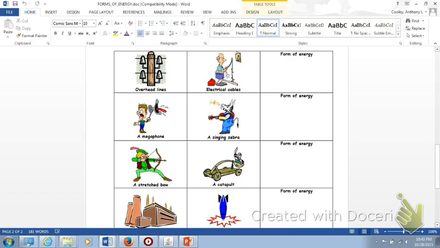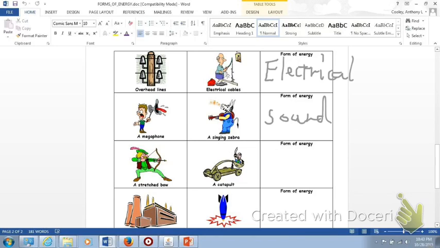Okay. Overhead power lines, electrical cables. Obviously, that would be electrical, right? Megaphone, singing zebra. What do you think? Hope you said sound. A stretched bow and a catapult.